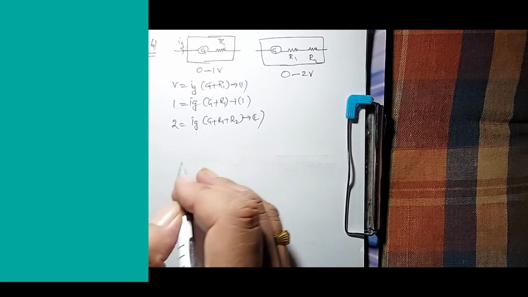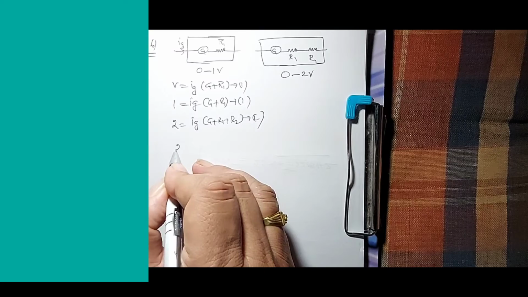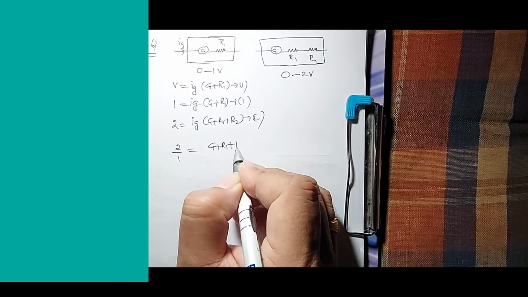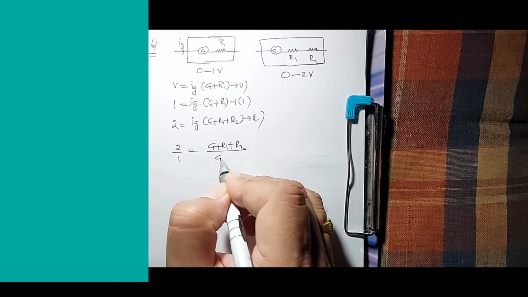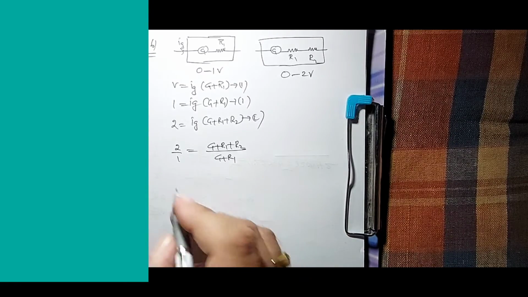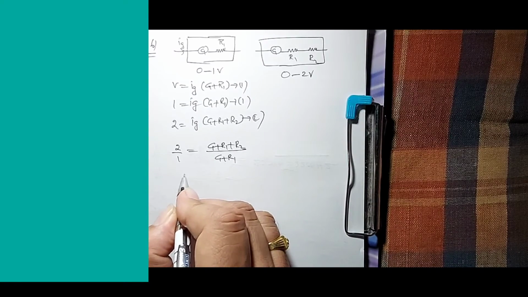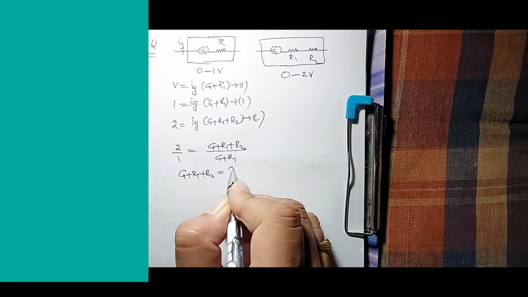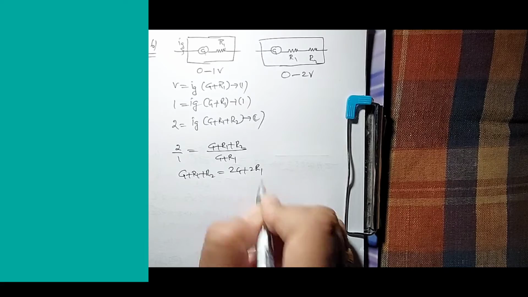Now, divide equation 2 by 1. 2/1 = (G + R1 + R2)/(G + R1). So G + R1 + R2 = 2G + 2R1.